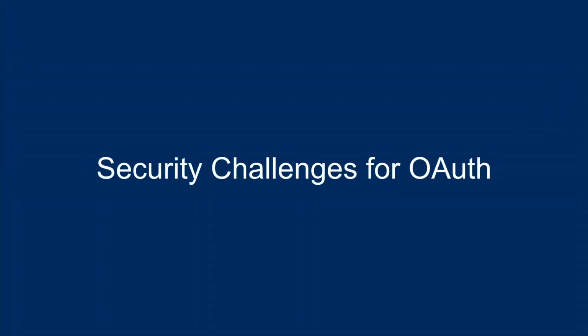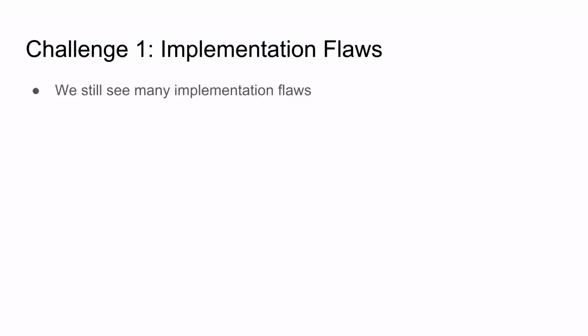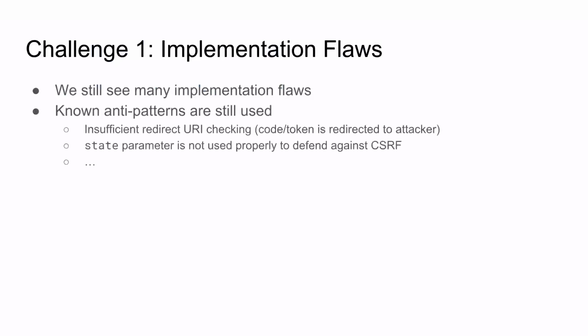So what are the challenges that OAuth faces right now? Let's start with the first one. Implementation flaws. We talked about that. We still see a lot of them, and they are always the same. People are always making the same mistakes. For example, insufficient redirect URI matching, so the code or the access token is sent to an attacker very easily.